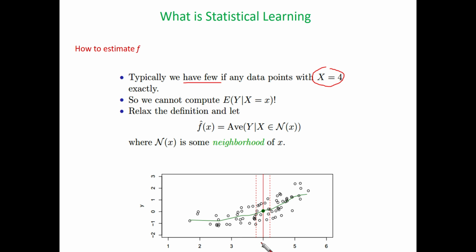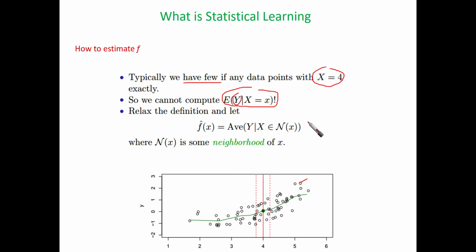See this example: there are some observations or training data at a particular x, let's say x equals 4. This black circle is our observation. Here we don't find any data points, or maybe very few. So the idea of taking the average of y at a particular x doesn't work, right? So what can we do?